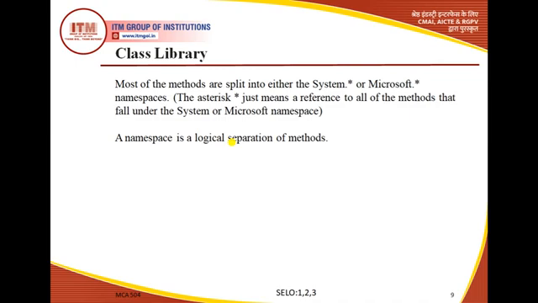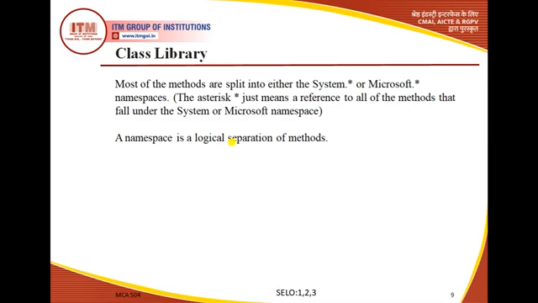Similar header files we use here also, that is class library. So System.IO can be one example of this, and the asterisk means it's a reference to all of the methods. IO is a method which is included in this particular System namespace. So here the asterisk will mean a reference to all the input output methods.